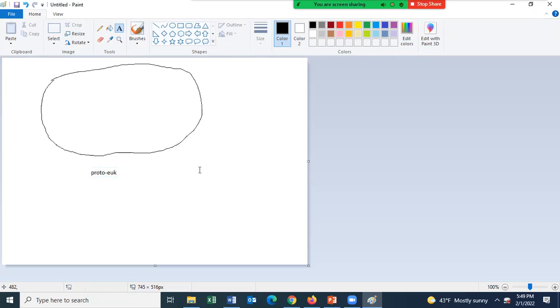And this proto-eukaryotic cell saw a little cell. I'll just make it here. And it engulfed it to probably eat it later.